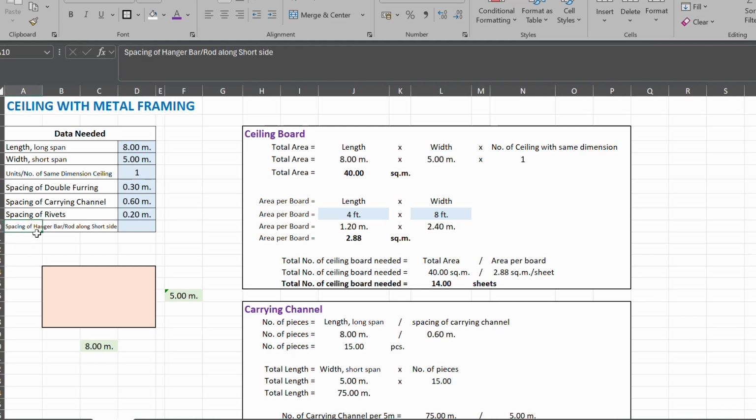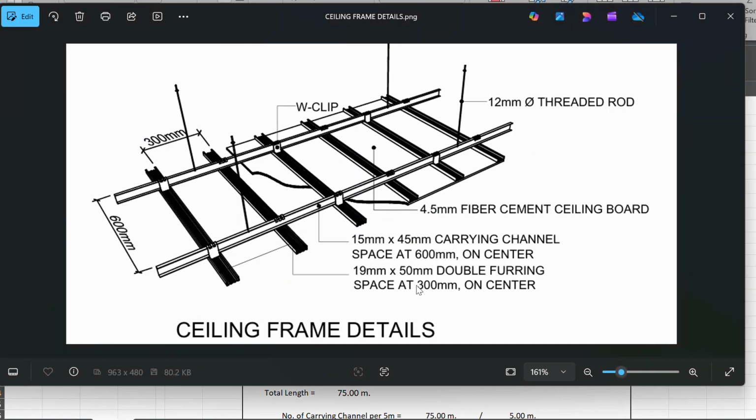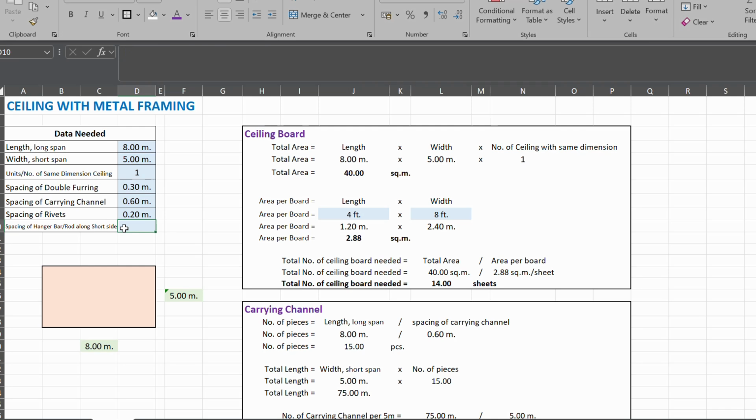So spacing of hanger bar or rod along short side. Along short side. Spacing of rod. Ito po yung rod natin. Here is 1, 2, 3. So 300 times 3 times 4, 1200. 1.2 meter.